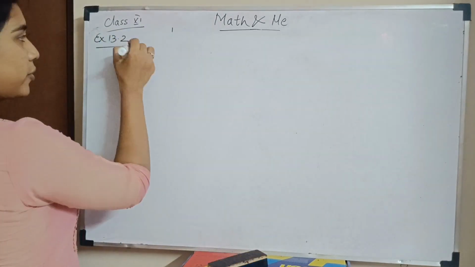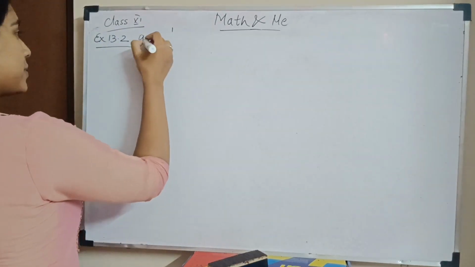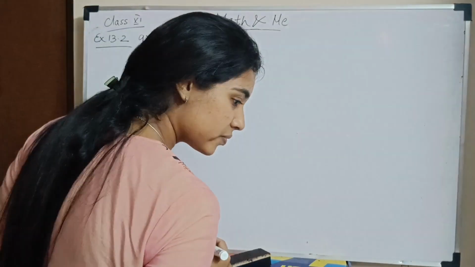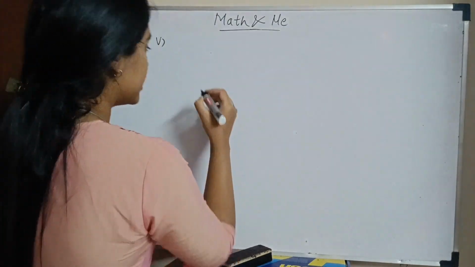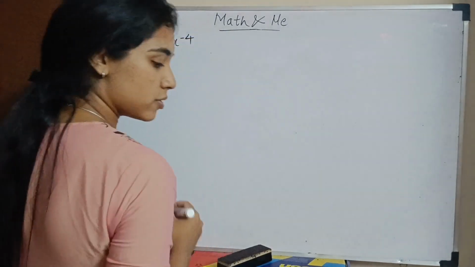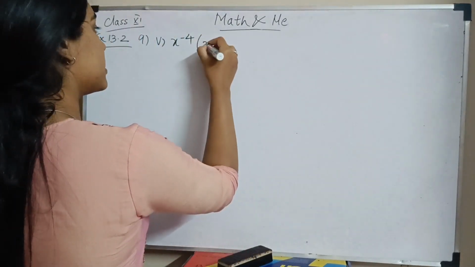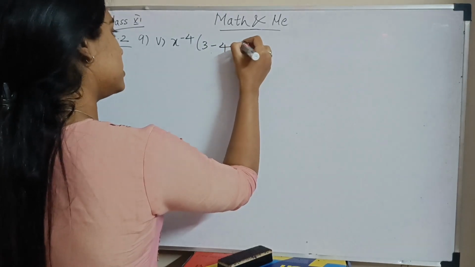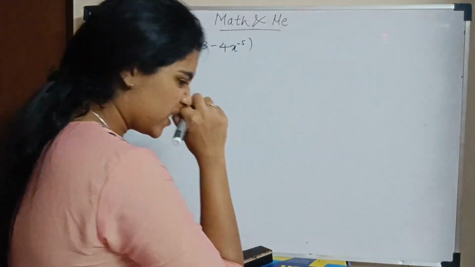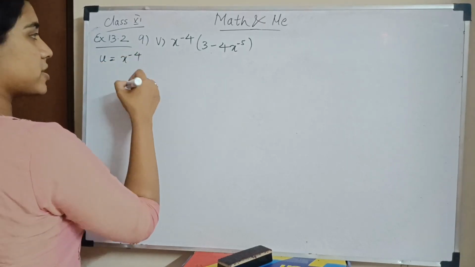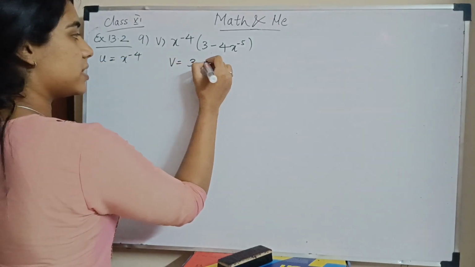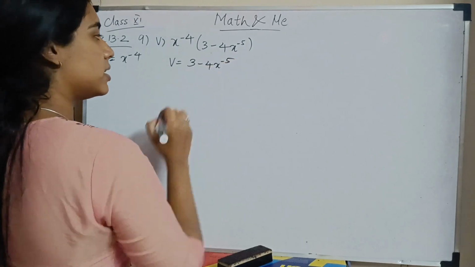Exercise 13.2, question number 9, fifth subsection. x to the minus 4 times (3 minus 4x to the minus 5). This is of the form u times v. So what is your u? x to the minus 4. What is your v? 3 minus 4x to the minus 5.